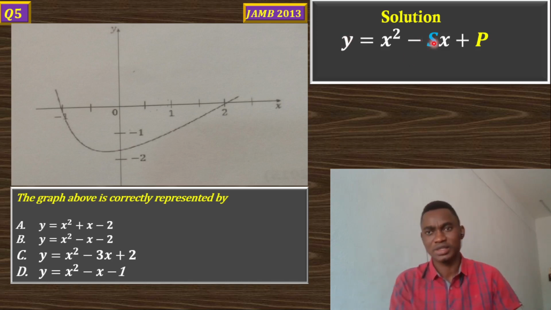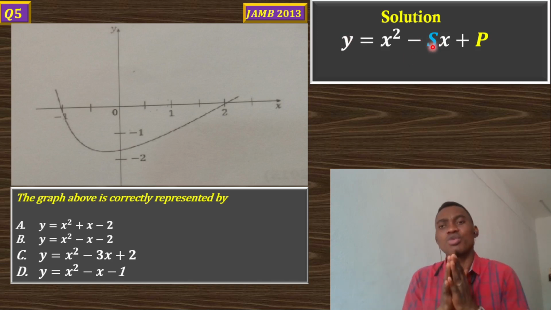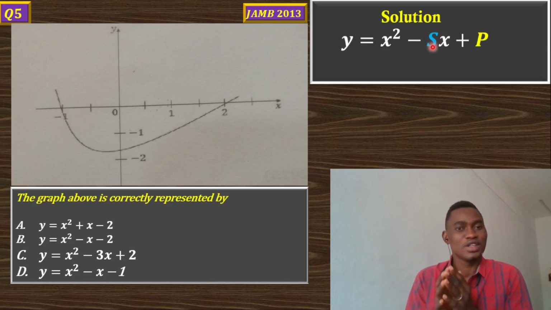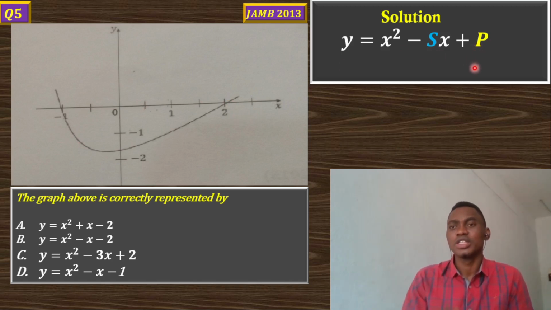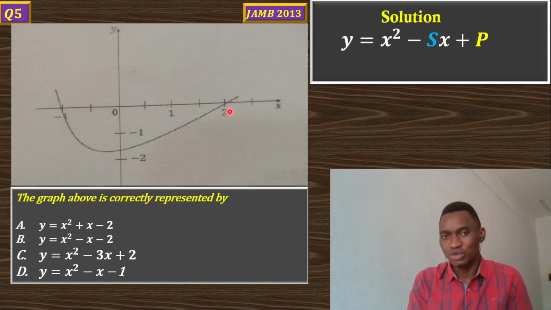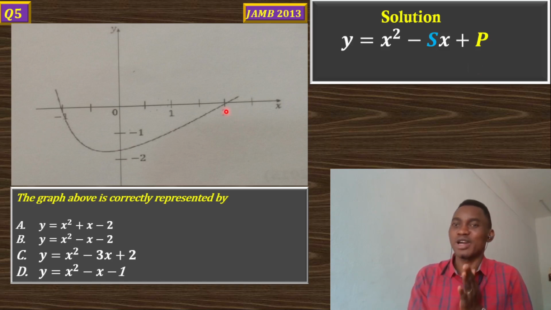So what is s? S is the sum of the roots, which is minus 1 plus 2, and that will give us 1. And what is P? P is the product of the roots, which is minus 1 times 2, and that gives us minus 2.